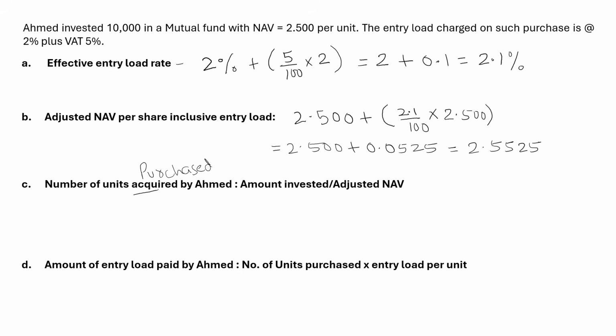So how much is the amount invested by Ahmed? The amount invested by Ahmed is 10,000. We will divide it by adjusted NAV, which we just calculated, 2.5525.